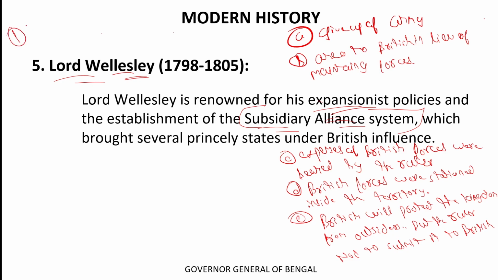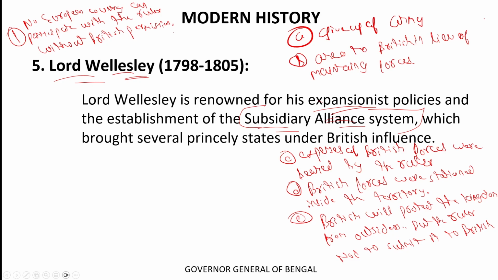Sixth point was no European country can participate with the ruler without British permission.